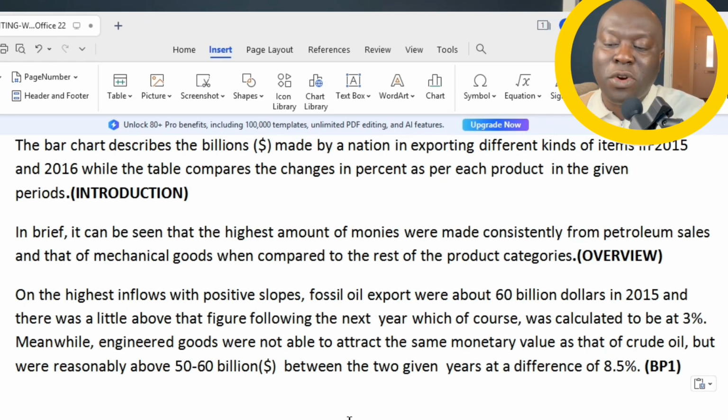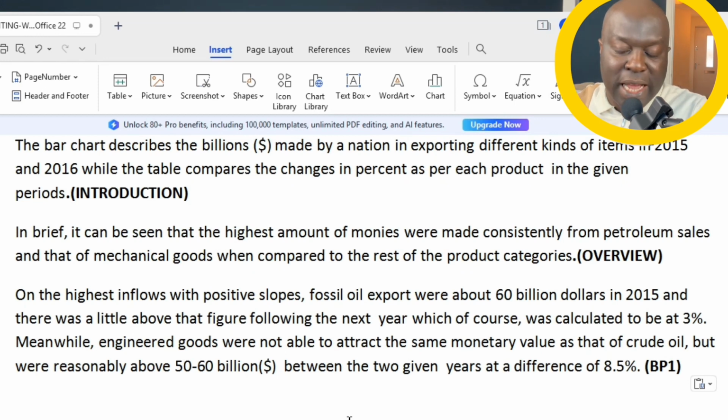Because I've already told the examiner about the highest amount, me saying now, on the highest inflows with positive slopes, tells the examiner it's the highest income and it has a positive slope. It means that it moved up consistently from 2015 to 2016.